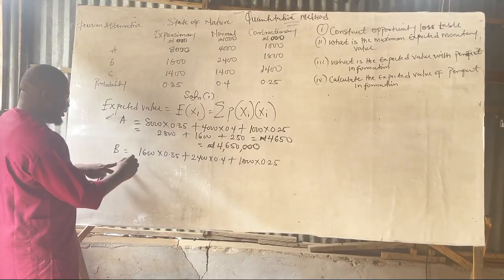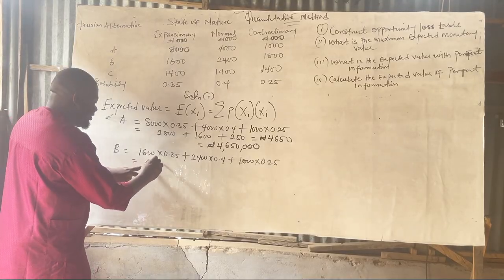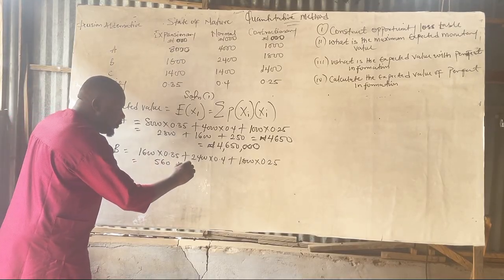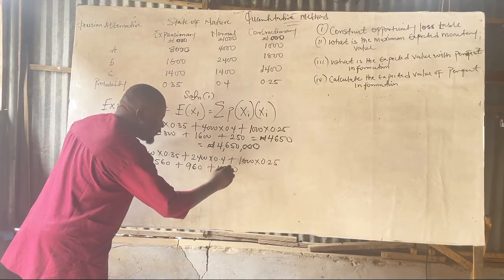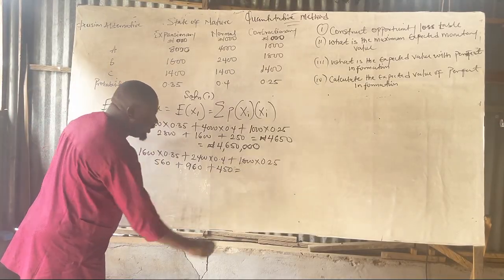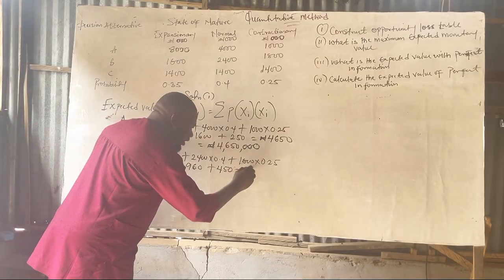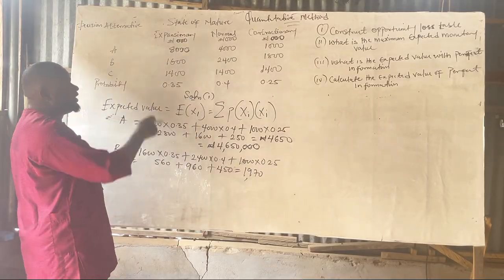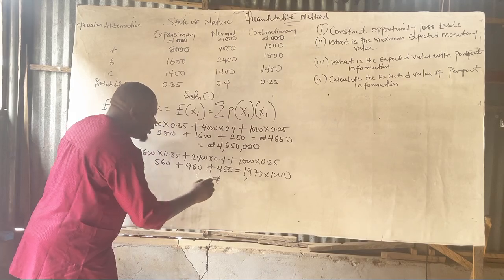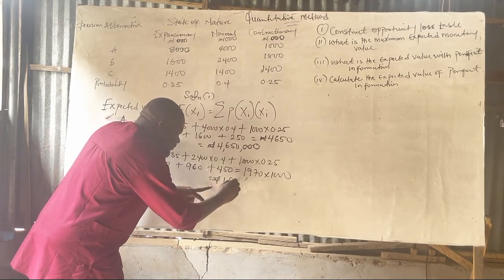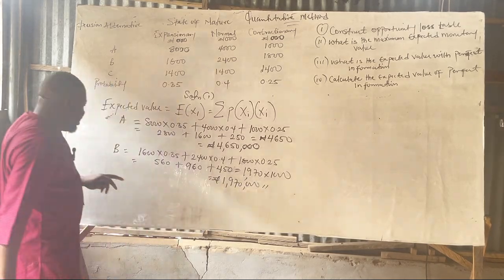So we have 560 plus 450. Now that gives us 1,970. Now because it's in 1,000, I'll now do times 1,000 to get the final answer as 1,970,000. That's for B.